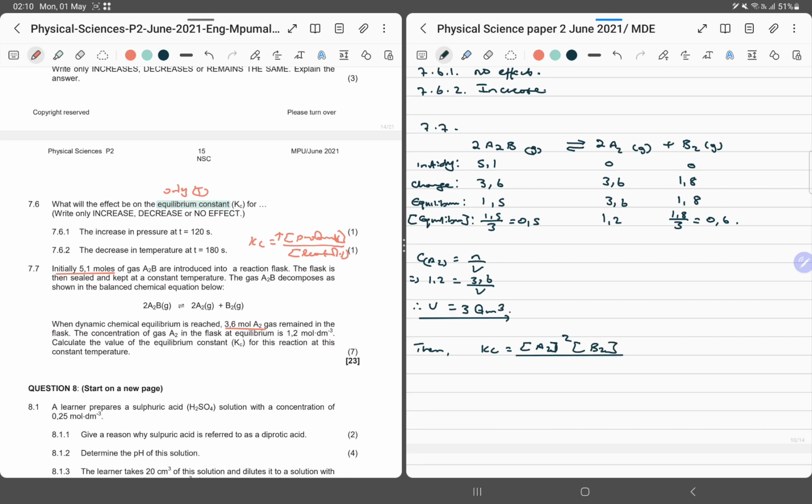It's always products over reactants. Concentration of A2B squared. Now we substitute. So we've got here 1.2 squared into 0.6 over 0.5 squared. So let's get our Kc.